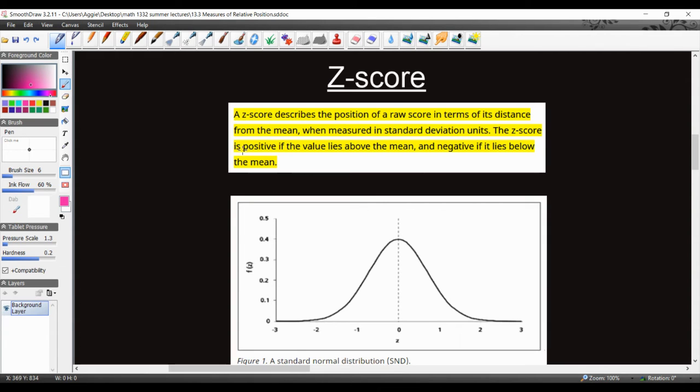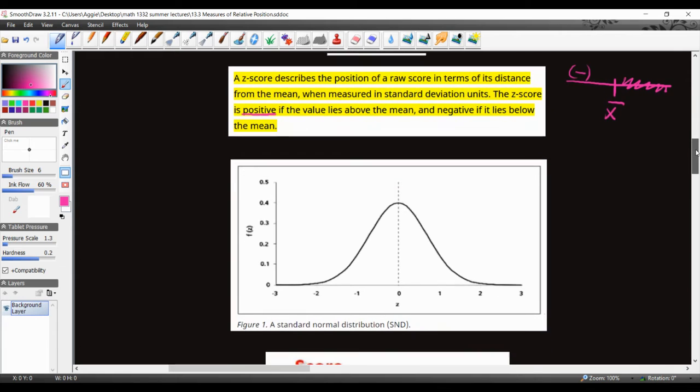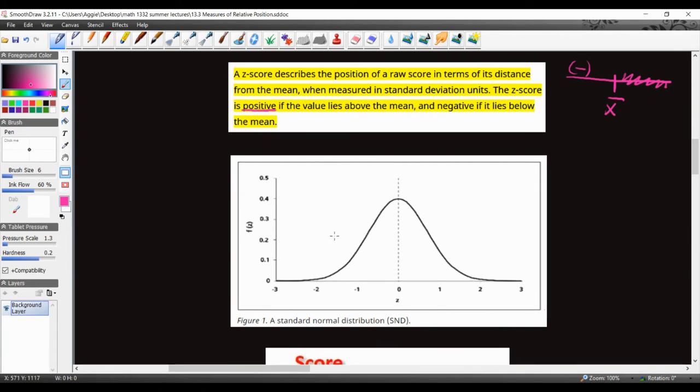The z-score is positive if the value lies above the mean. So if our mean was right here, here's our line, anywhere over here is positive, above the mean, and negative if it lies below the mean. So negative would be this side over here. We have a curve here that's used quite a bit in statistics, but we're going to talk about it briefly. It shows what this looks like.